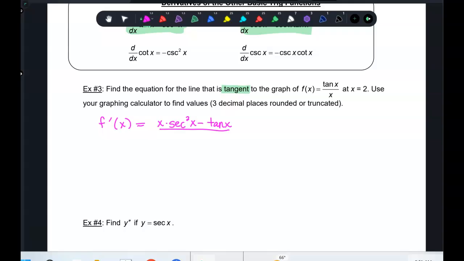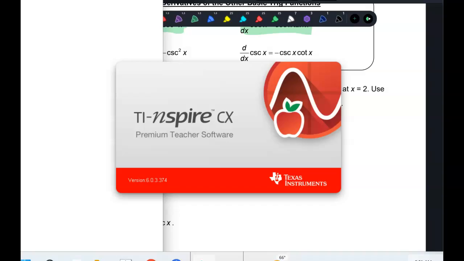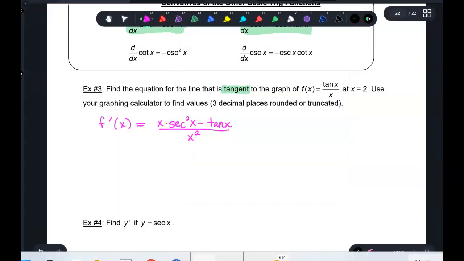Just doing the quotient rule. Memorize it. Now, there's really nothing that we could do to simplify that. So we're going to just plug in 2.